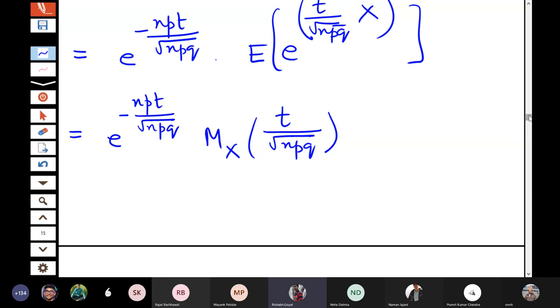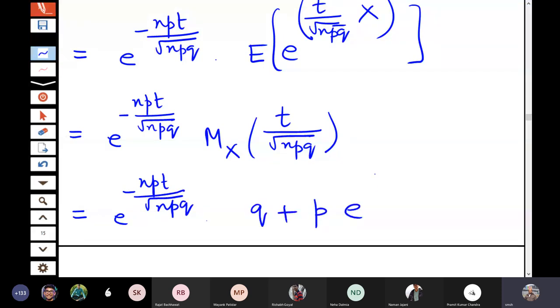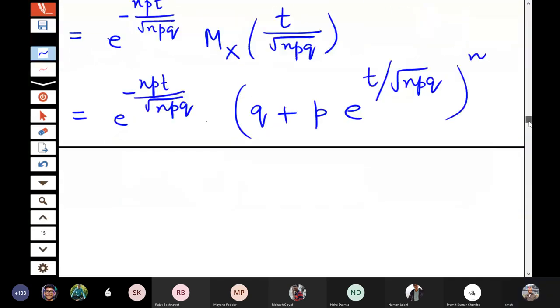It is (q plus p e to the power t) whole to the power n. So we get e to the power minus npt by root npq, then (q plus p e to the power t by root npq) whole to the power n. Okay.